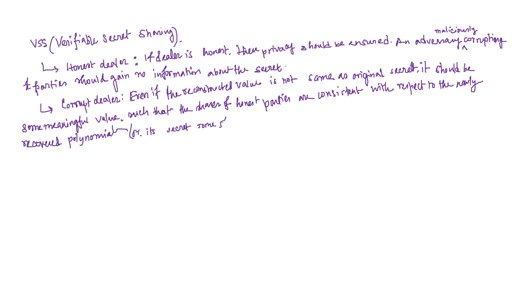So these two situations should be handled by VSS. In the second case, when the dealer is corrupt, the recovered secret, even if it is not the same as the original secret, should be consistent with the values that were the secret shares of honest parties. And this property is called the strong commitment property of VSS.